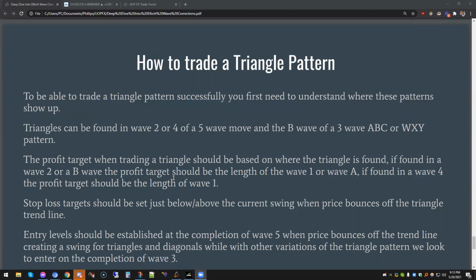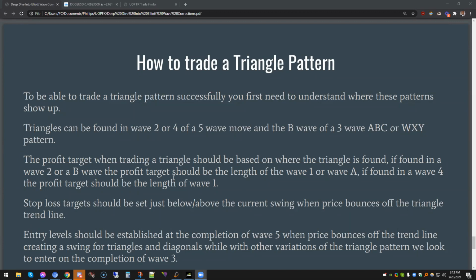So the profit target. When trading a triangle, what we're looking at as our profit target is based on where the triangle is found. So if a triangle is found in a wave 2 or a B wave, the profit target should be the length of wave 1 or the A wave.